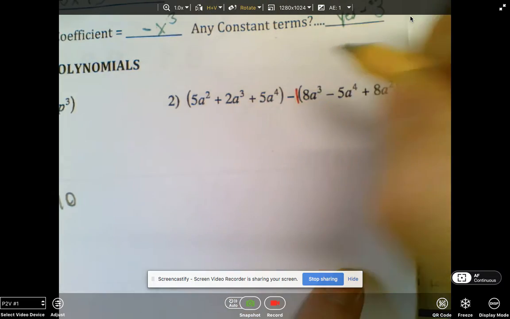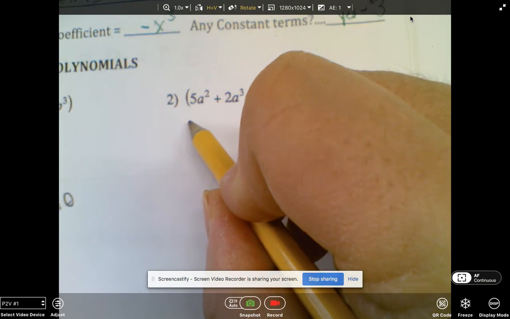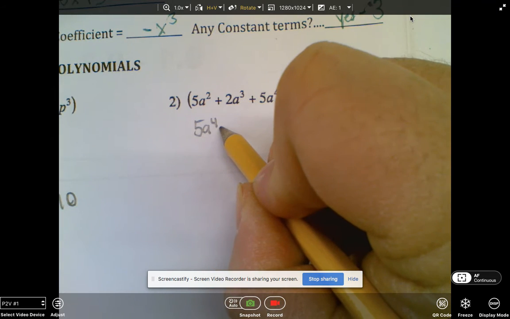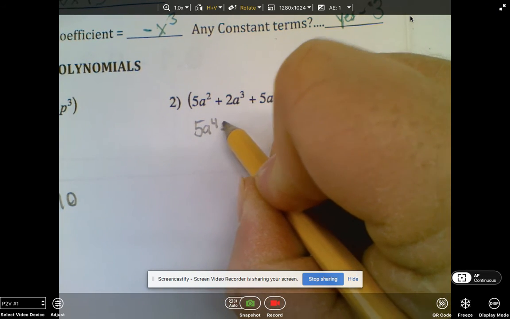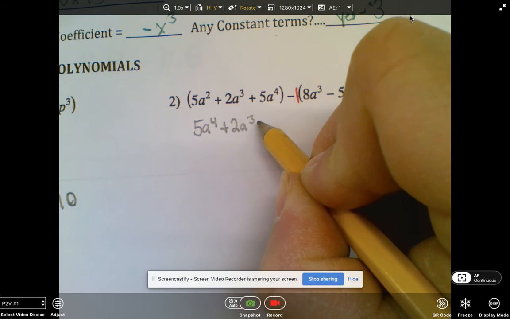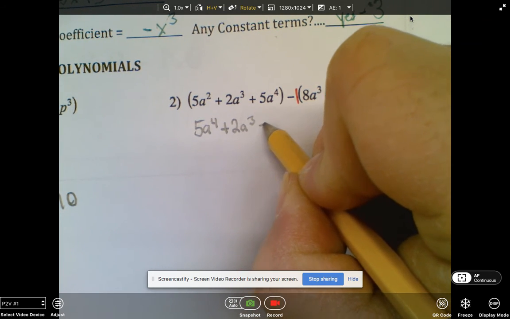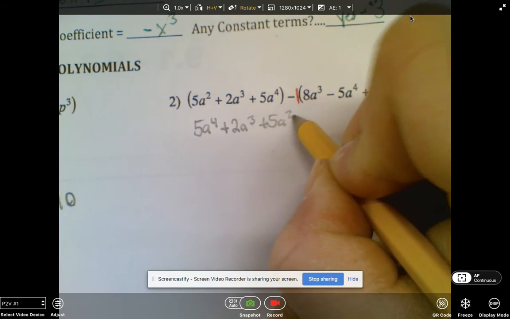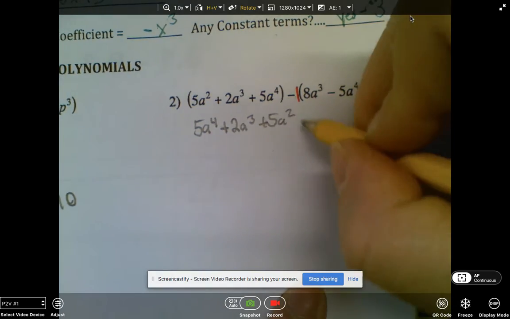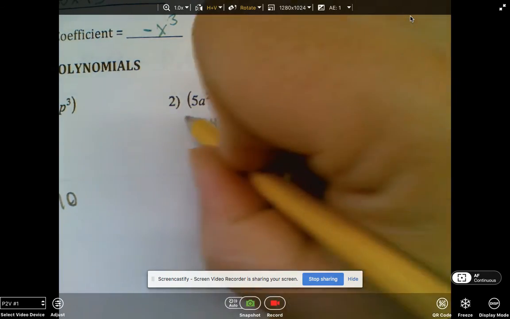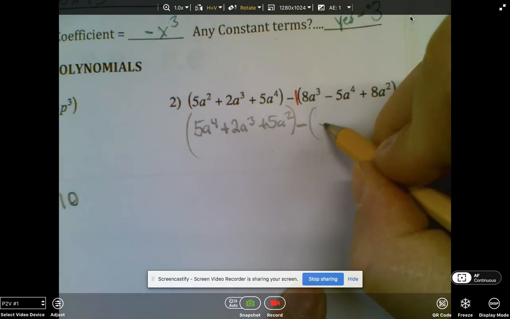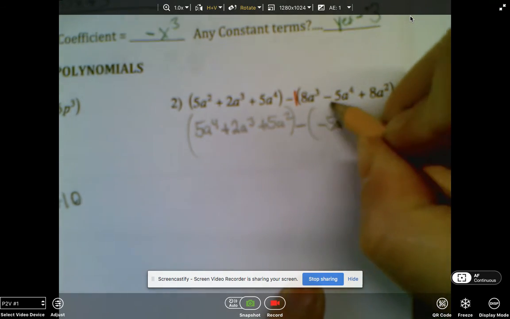All right, so I'm going to put this in order here. This first one, I got 5a to the fourth plus 2a to the third. And then what's the last one? It would be plus 5a to the second. So I got degree 4, degree 3, degree 2. Minus, parentheses, we got negative 5a to the fourth.